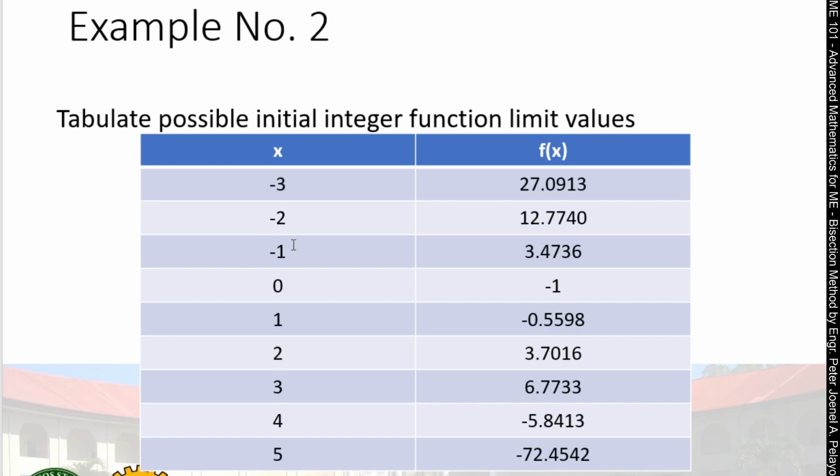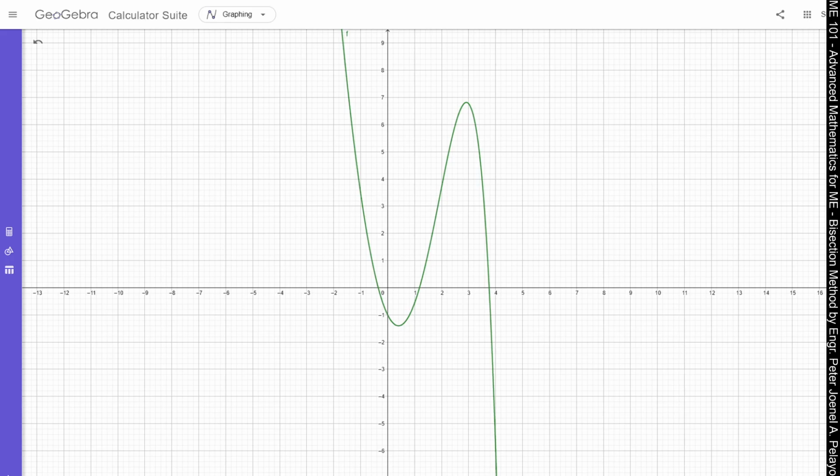So, may nagtanong kung bakit negative 3 to 5. So, ito lang yan. Ito yung buong graph na gagamitin natin. So, negative 3. Kumuha lang ako from between kung ano yung hahanapin nating root. So, negative 3 to 5. Itong point na to, negative 3, ito na yung boundary niya.